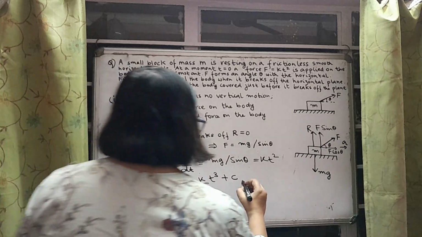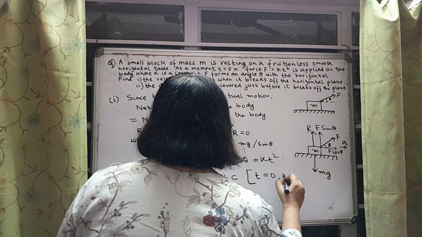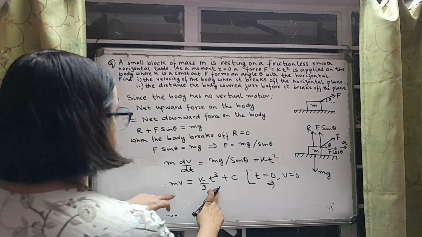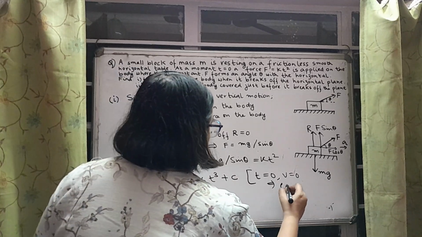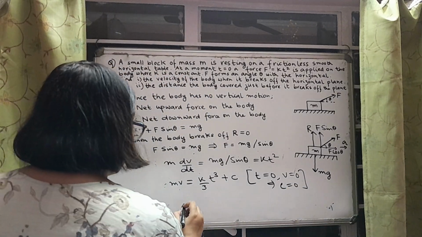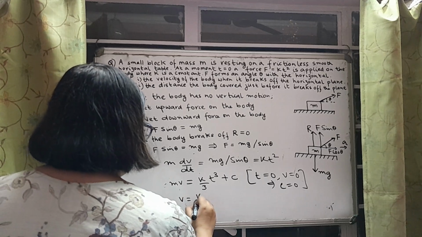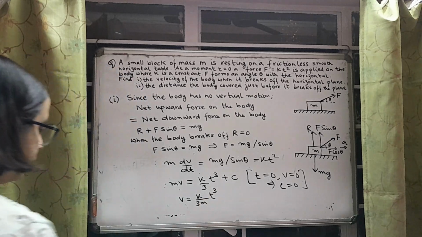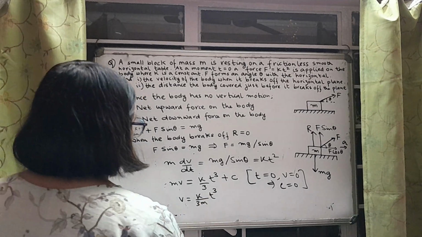Now I know the boundary condition. When t was 0, the object was at rest. So if I put this value of t here and this value of v here, I get c equal to 0. So this reduces to v equal to k by 3m into t cube.